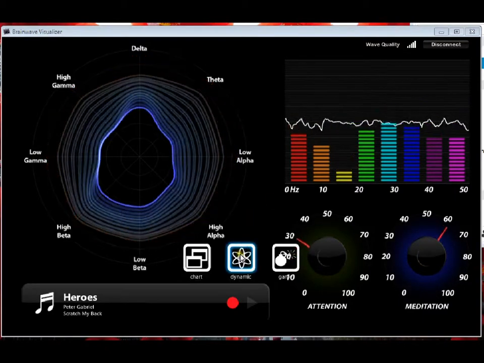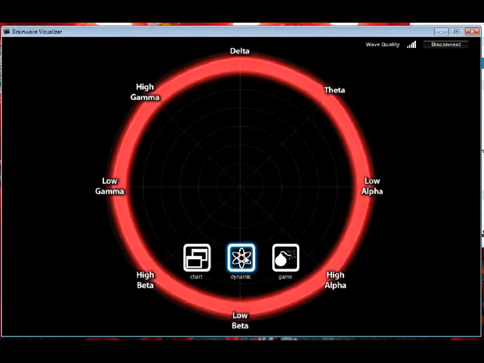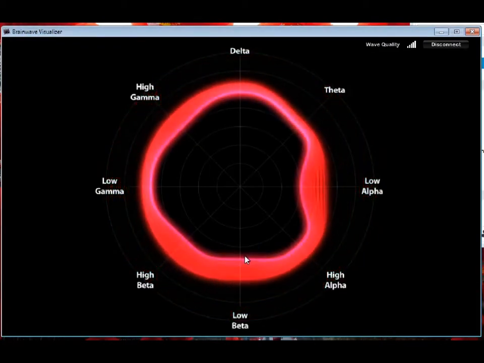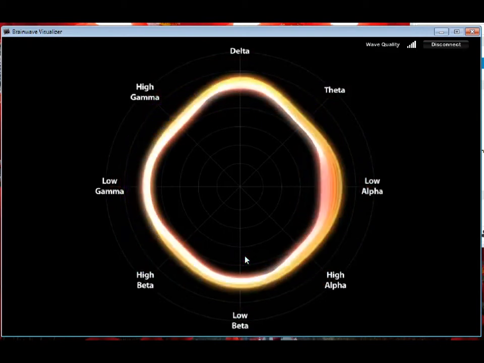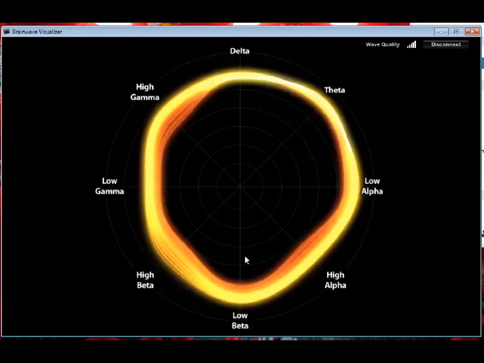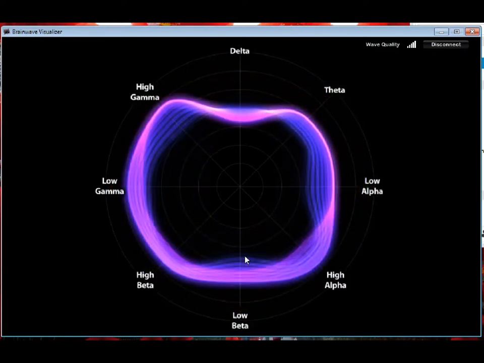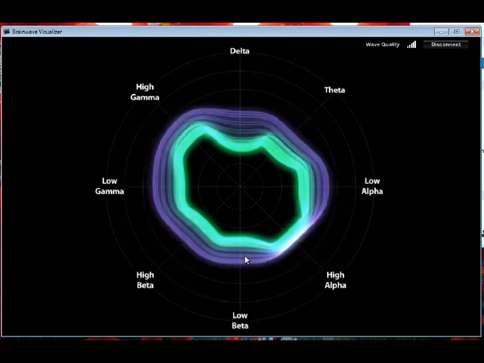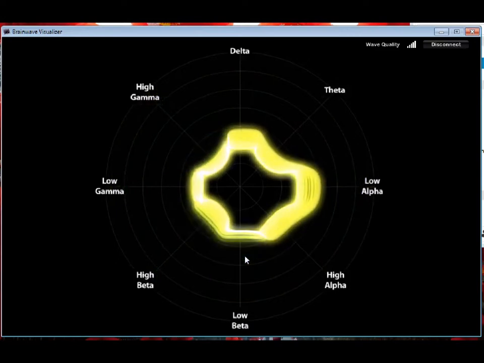Now, there are various different representations that we can get out of this. This is a dynamic view, which is an interesting way of looking at how the waves are forming. It's just a different view, and a lot of this is for biofeedback purposes, so you learn how to balance more into the delta and theta.